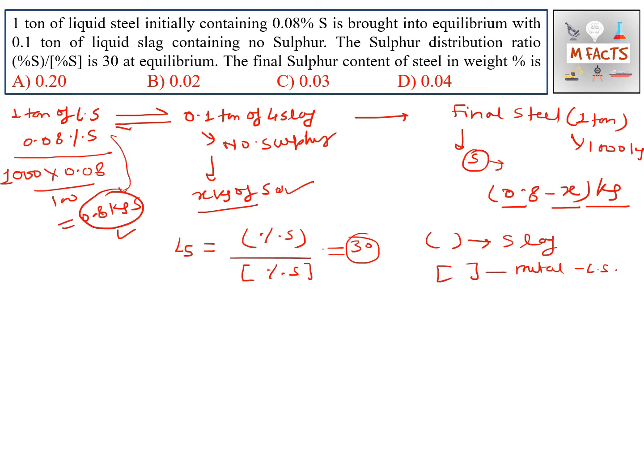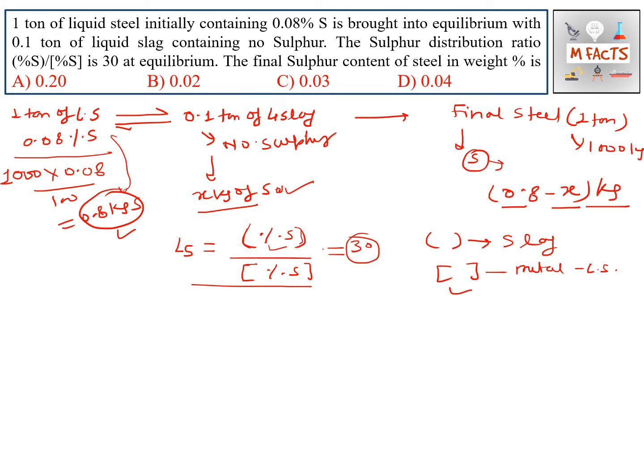If they do not state in words that this is percentage sulfur in slag, we get it from these brackets. The brackets have their own importance in extractive metallurgy, basically in steel making. So for now we will solve this problem.